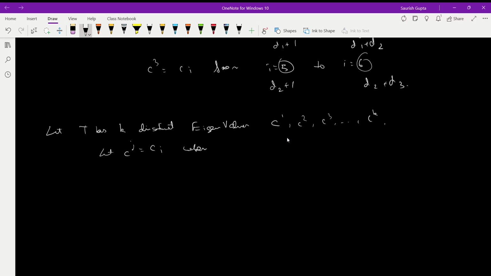Let C upper index j equal Ci when i equals 1 plus the summation over ds, where s runs from 1 to j minus 1.